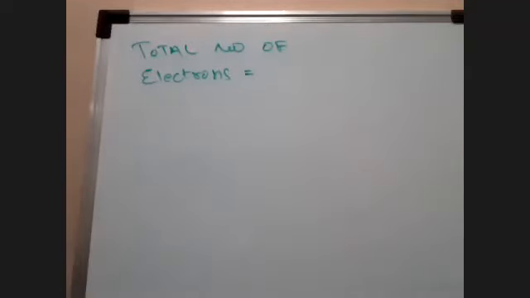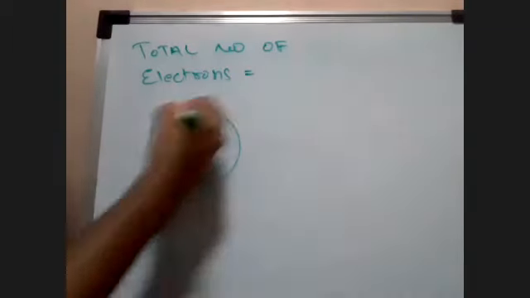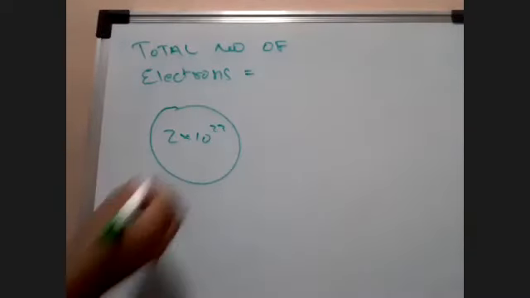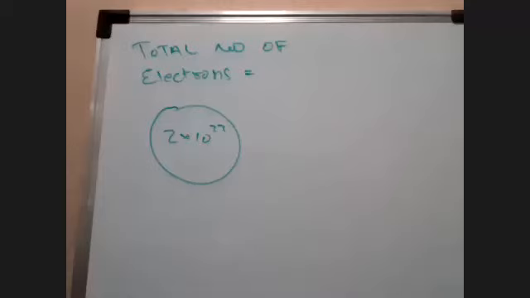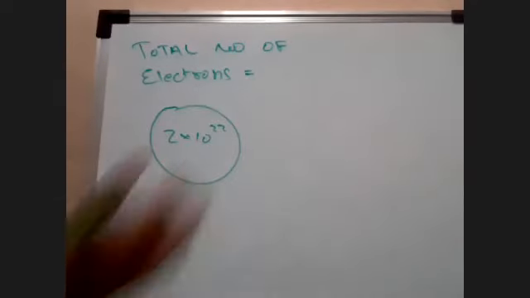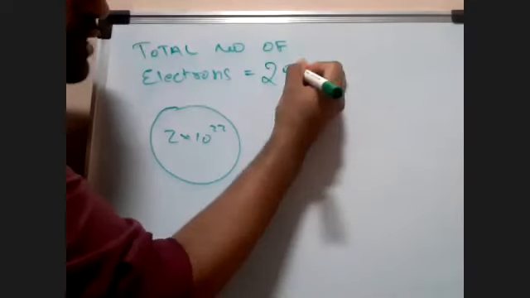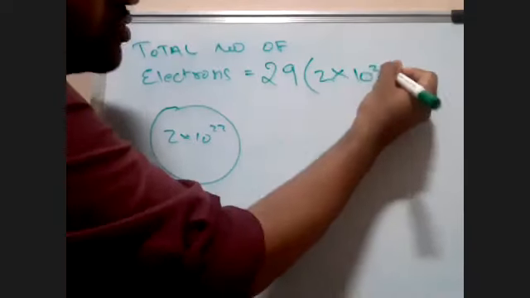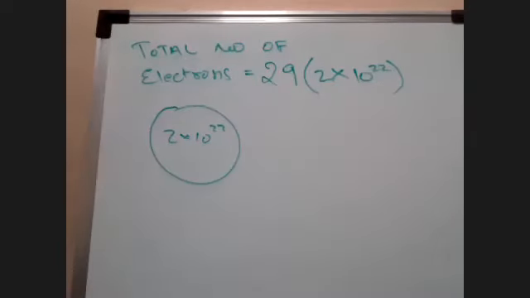The sphere already has 2 into 10 raised to 22 atoms, and each atom has a charge on its nucleus of 29E, E in the sense of electrons. So the total number of electrons will be 29 into the total number of atoms, 2 into 10 raised to 22.